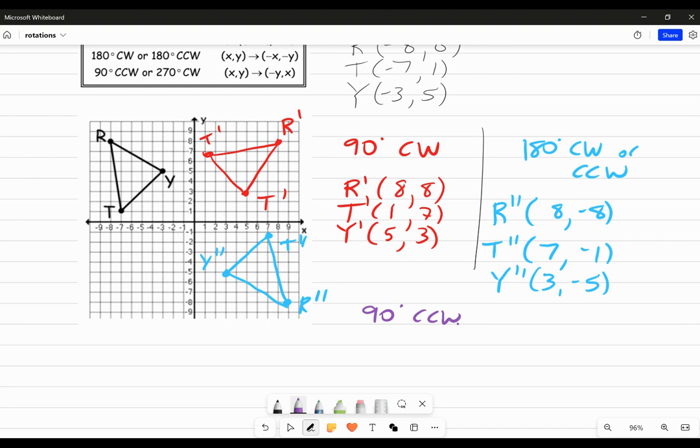So counterclockwise means if I'm starting originally here, I'm spinning it counterclockwise, I'm spinning it to the left. So I should see it end up in that quadrant down there. So the rules for counterclockwise, I'm going to do triple prime here. Take your original y value, make it negative, and then switch your original x value to the y's spot for the new shape.